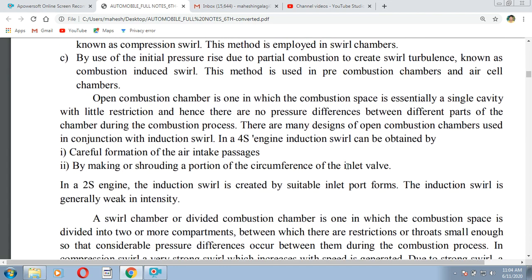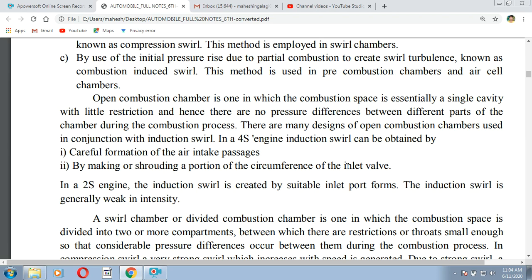The open combustion chamber is one in which the combustion space is essentially a single cavity with little restriction, and hence there is no pressure difference between the different parts of the combustion chamber during the combustion process.